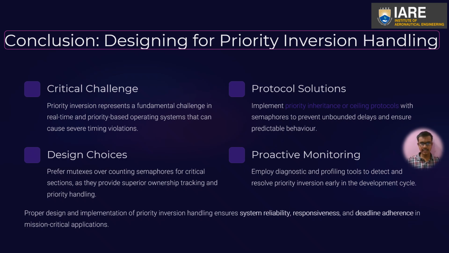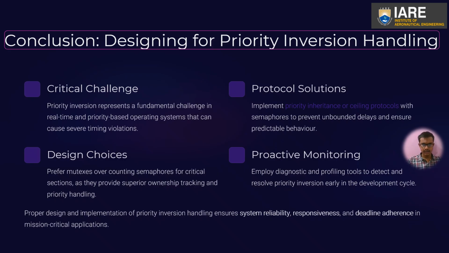There are four major aspects we should finally discuss. Critical challenge: priority inversion represents a fundamental challenge in real-time and priority-based operating systems that can cause severe timing violations. Protocol solutions: we have to implement priority inheritance or ceiling protocols with semaphores to prevent unbounded delays and ensure predictable behavior.